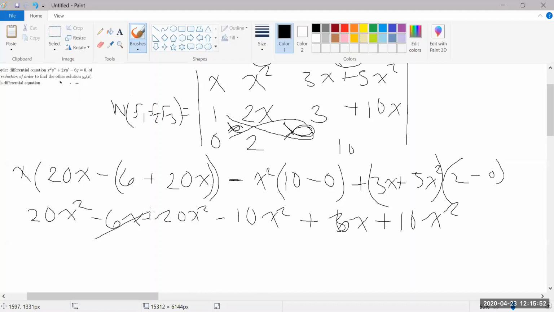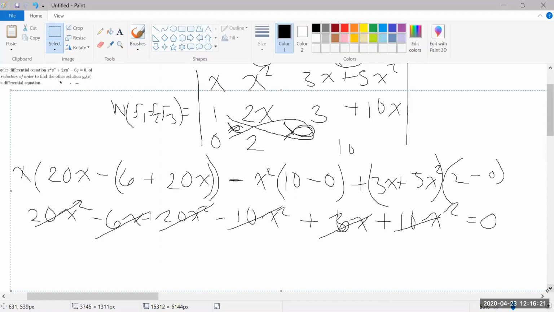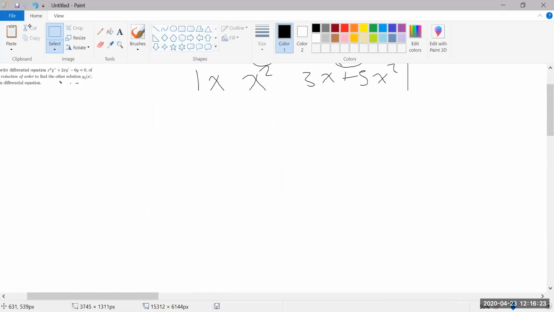Okay, and if you can see, all of these terms cancel out. So that goes to 0, and when it is 0, that means that your Wronskian is dependent. So that's all you have to write, is that when your Wronskian equals 0, the functions are dependent on all x.